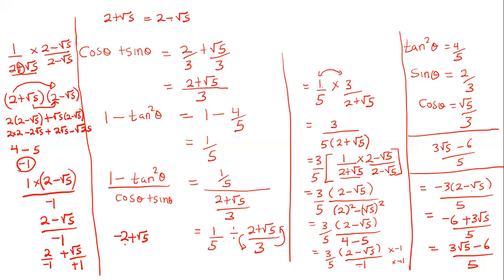So this is what now is going to remain. In case this one is confusing you, how to multiply negative up and down, then you do it from here: this 2 minus root 5 out of negative 1, here, this step here, you divide each individual term by that negative 1.